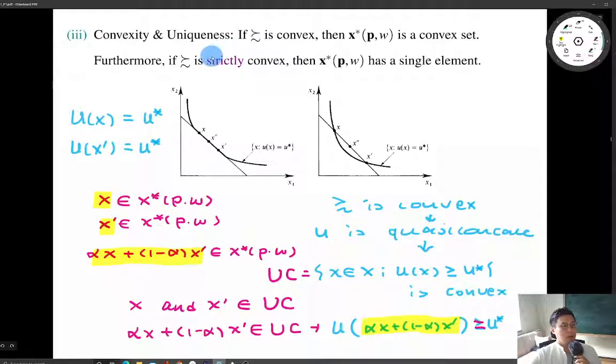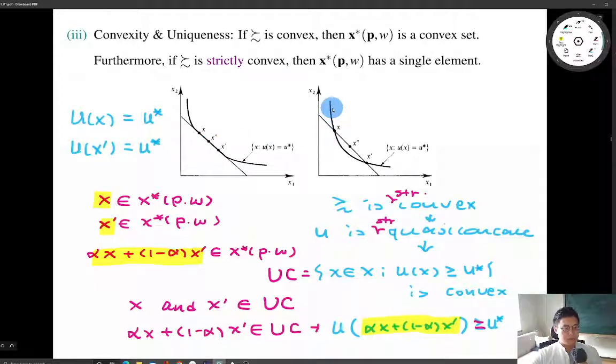And then under the more restrictive assumption, say the preference relation is strictly convex. If the preference relation is strictly convex, then function U becomes strictly quasi-concave. So now we have a strictly convex indifference curve toward the origin like this. Previously we had a convex set as a Walrasian demand, because the indifference curve had that kind of region which is parallel to the budget line, right?